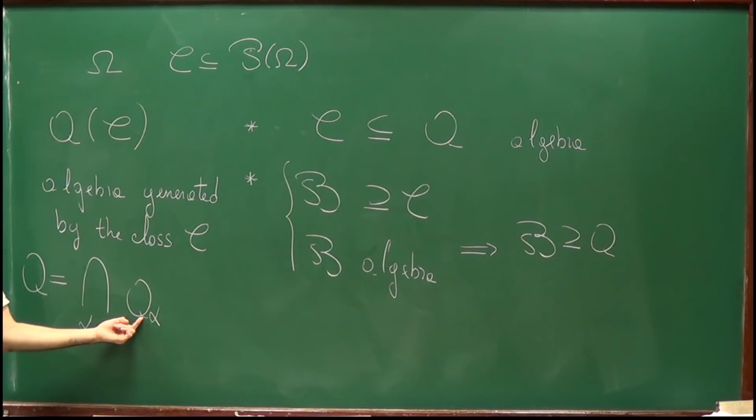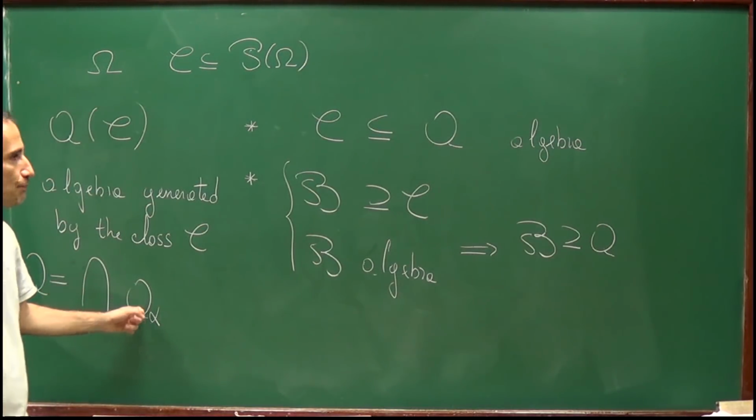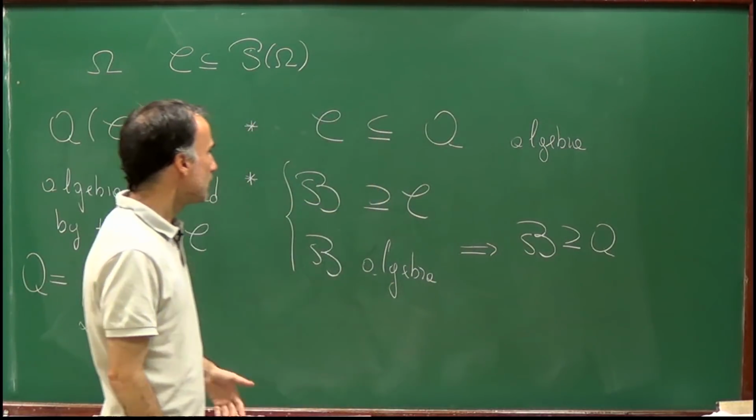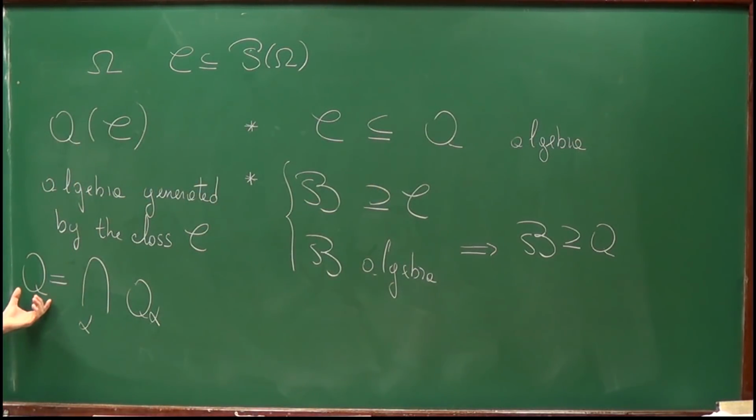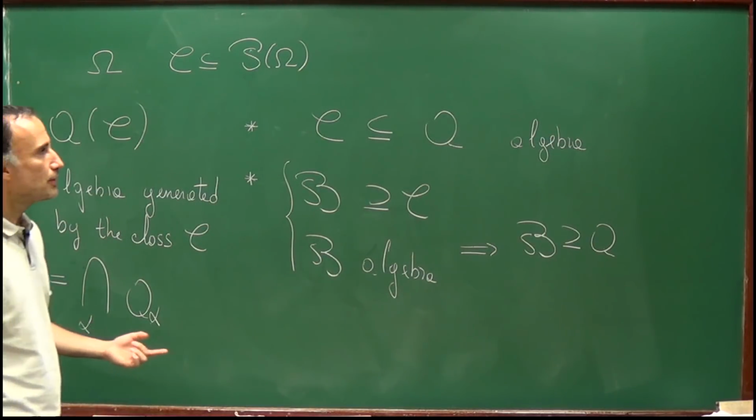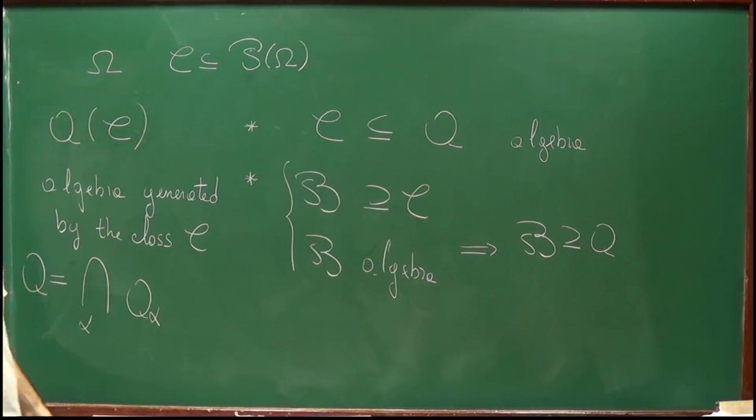It's an algebra which contains C. Since A is the intersection of all these algebras, A is certainly contained in B. So B contains A. Therefore, the algebra I just constructed is indeed the smallest algebra which contains the set C. So I just proved that there exists indeed the smallest algebra which contains a class of sets C. Observe that I didn't make any hypothesis on the class C. It's any class.